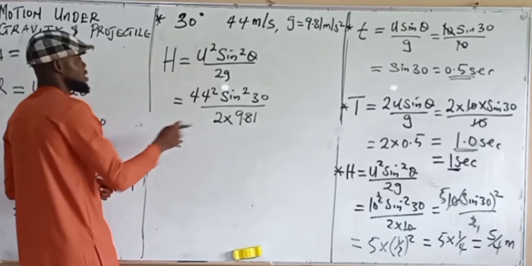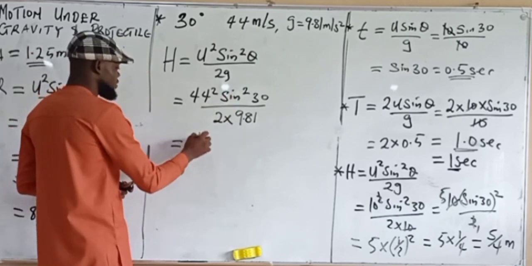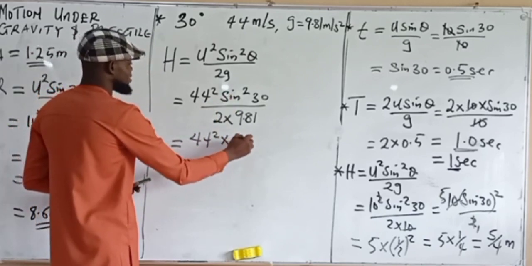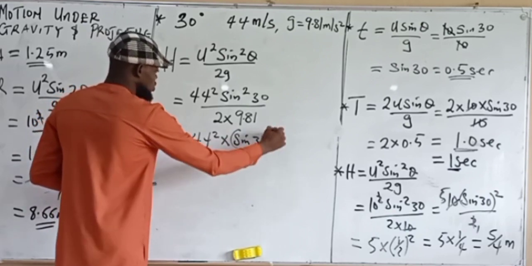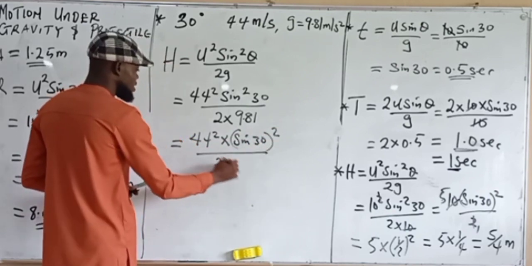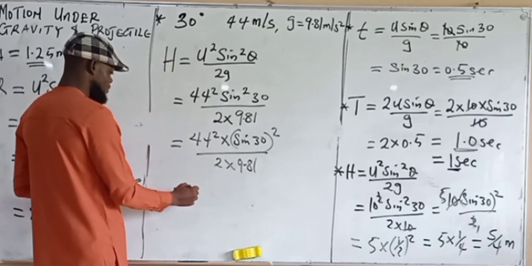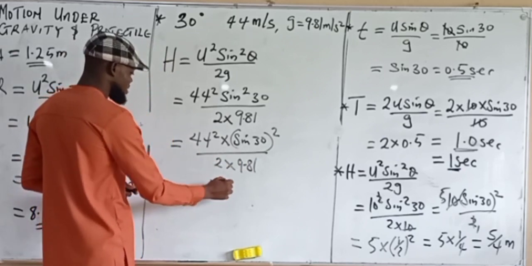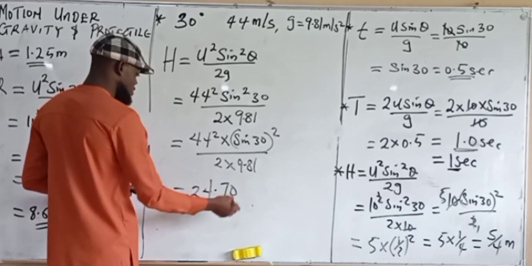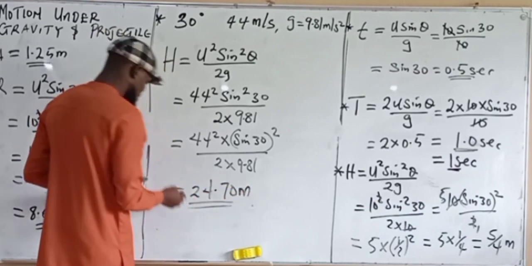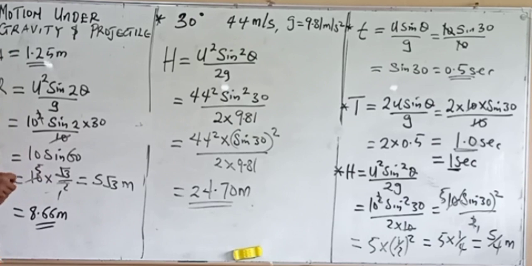Solve this very well. We're going to do 44 squared times sine 30, because you square everything, over 2 times 9.81. If you solve that very well, you're going to have 24.70 meters as the maximum height.